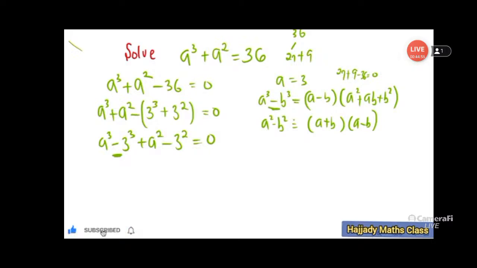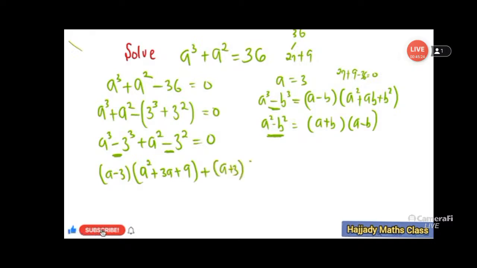So this is the same thing as writing a minus 3, bracket a square plus 3a plus 9. And also for this second part, which is a square minus 3 square, we're going to use the rule of a square minus b square, which is the same thing as saying we have a plus 3, a minus 3 equals 0.